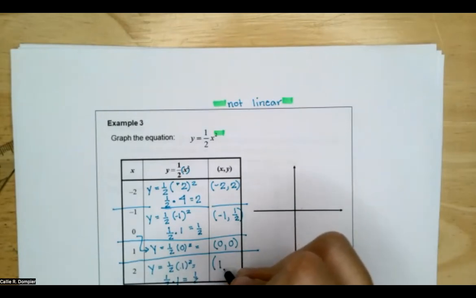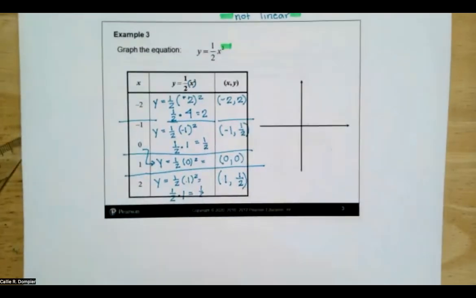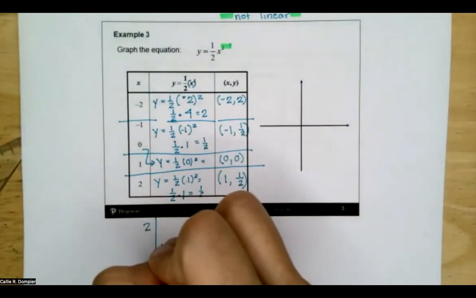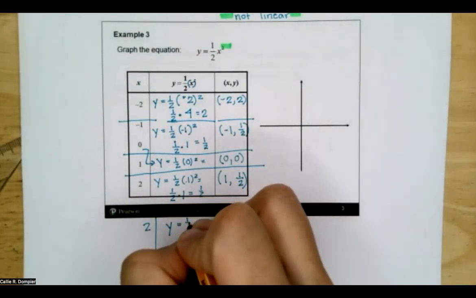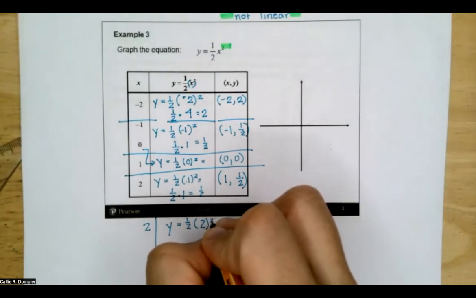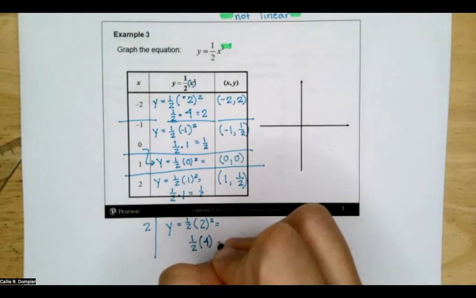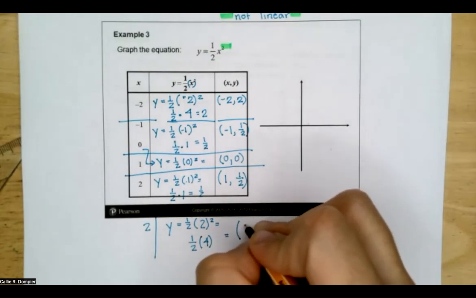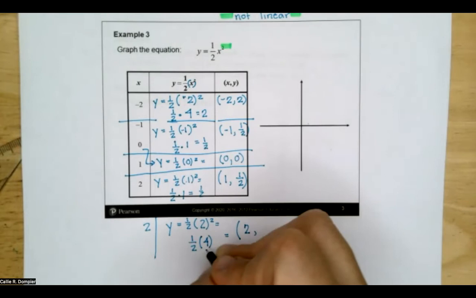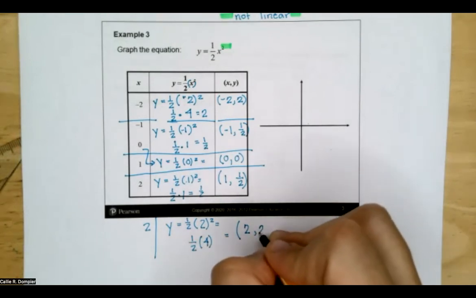And when my x value is +1, my y value is 1/2. Last one is 2. So y equals 1/2 times 2 squared, which is 1/2 times 4. So when x is equal to 2, 4 divided by 2 is 2.